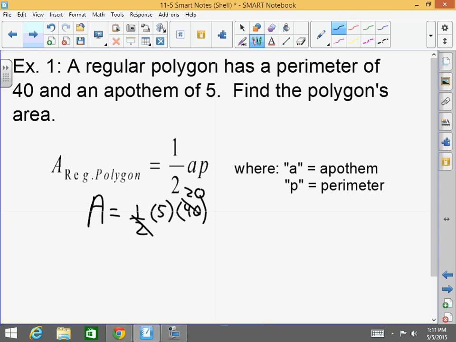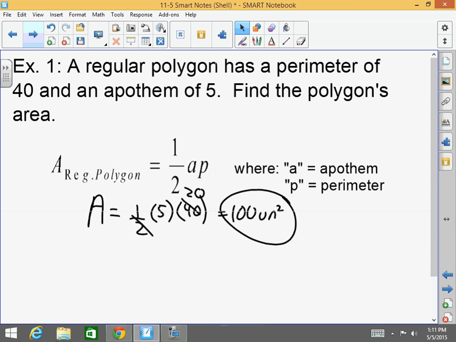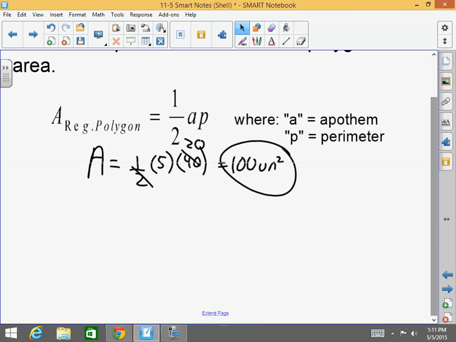So that equals 100 square units. Every once in a while, they'll give you the apothem and the perimeter, and that's just bing, bang, boom. You plug it in, and you're done. Nice and easy. So that should be cake if I give that to you.